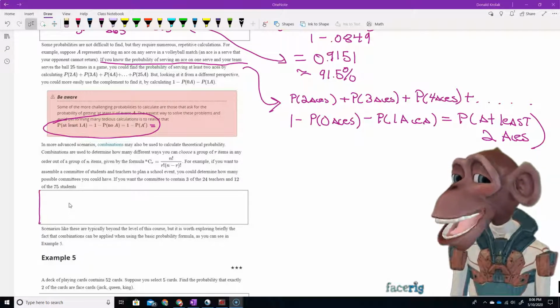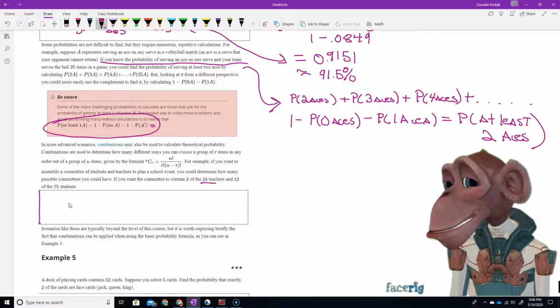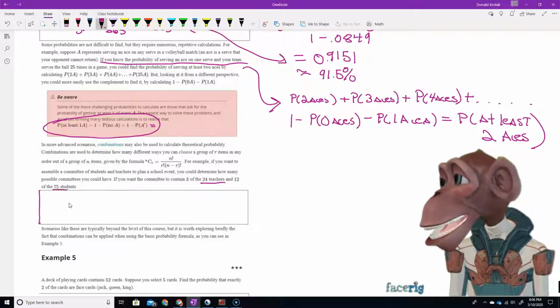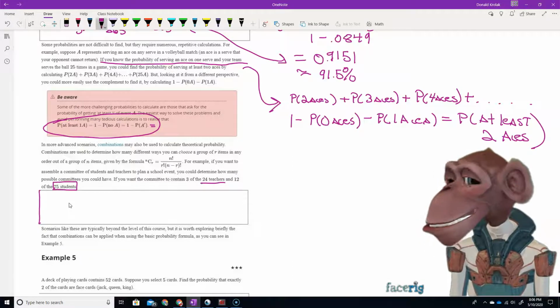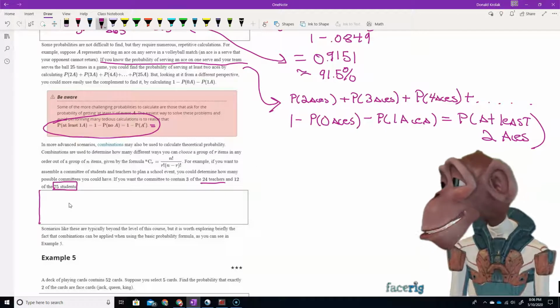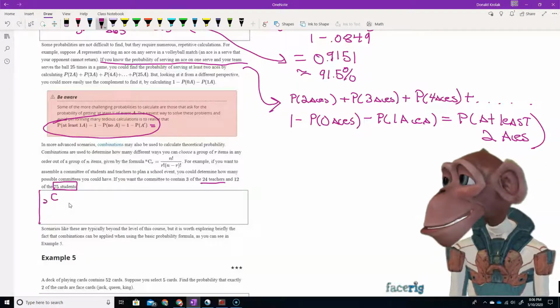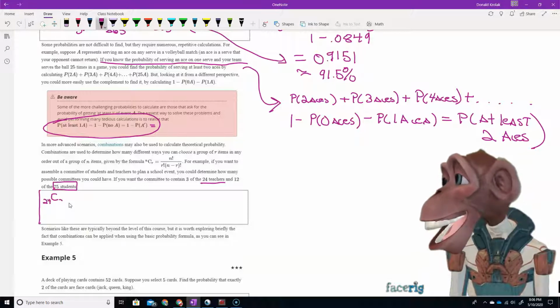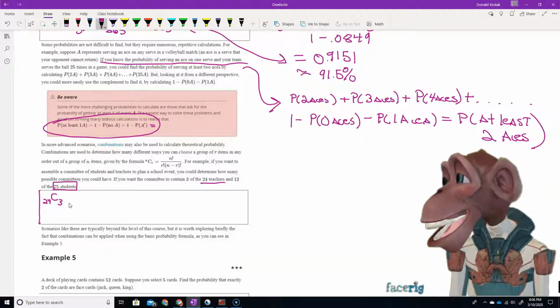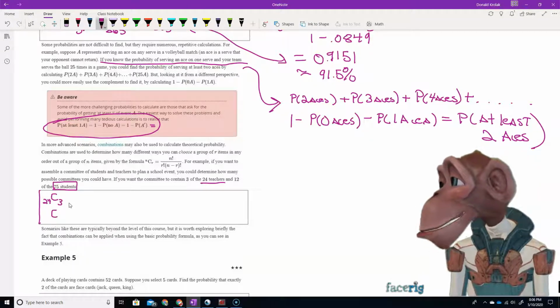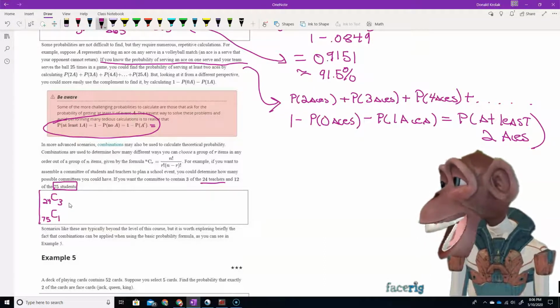Our example is, if we had 24 teachers in our school and we had 75 students, how many different ways can we choose 3 out of 24 teachers? That would be 24 choose 3. And how many different ways could we choose 12 out of 75 students? That would be 75 choose 12.